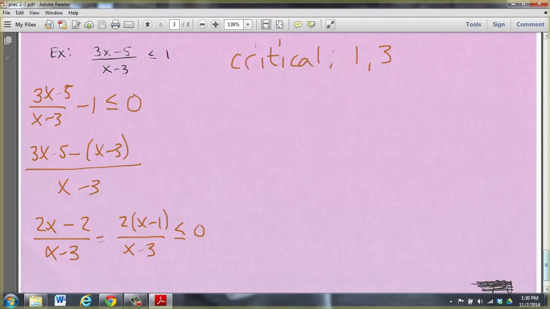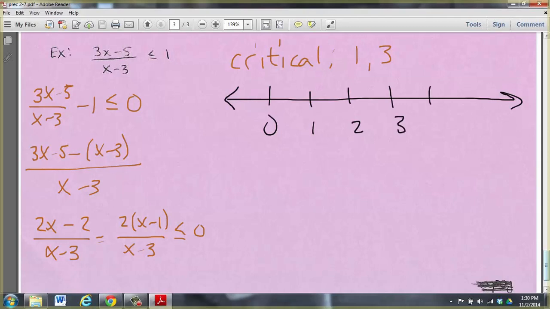So, drawing my number line, my critical zones would be here and here.